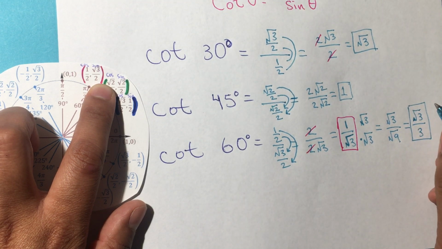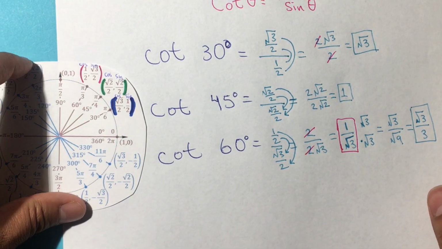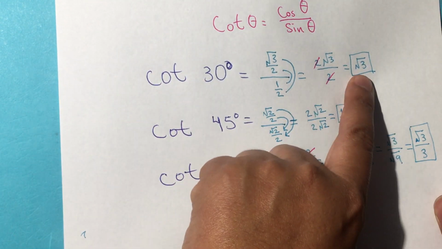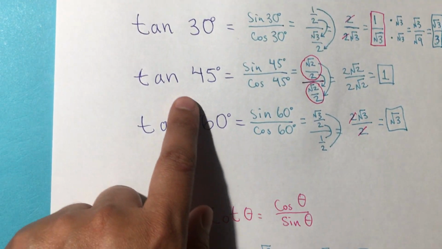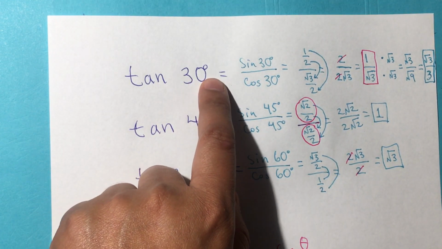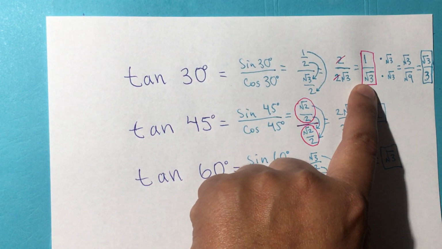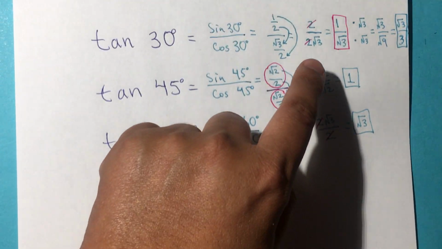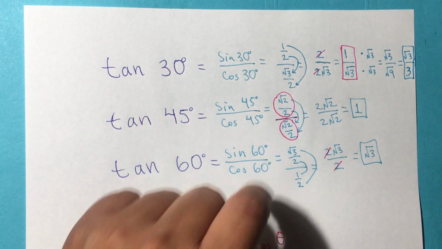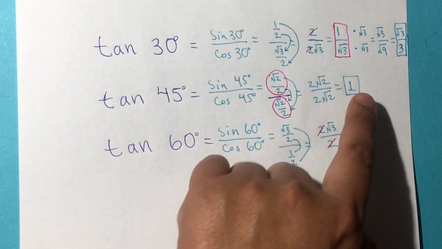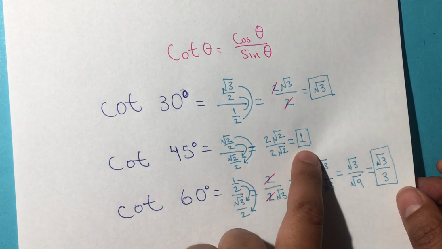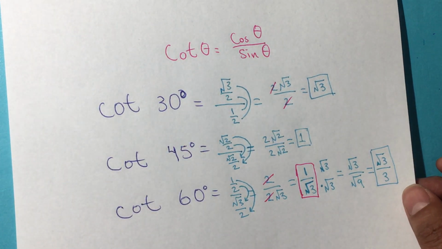So that's my answer. Now I want you to see that the cotangent of 30 is the square root of 3. And if we didn't simplify it, the tangent of 30 is 1 over square root of 3. See, the square root of 3 is the reciprocal of 1 over the square root of 3. For the 45, it's 1, which is similar to 1 over 1, and the reciprocal will also be 1 over 1, which simplifies to 1.